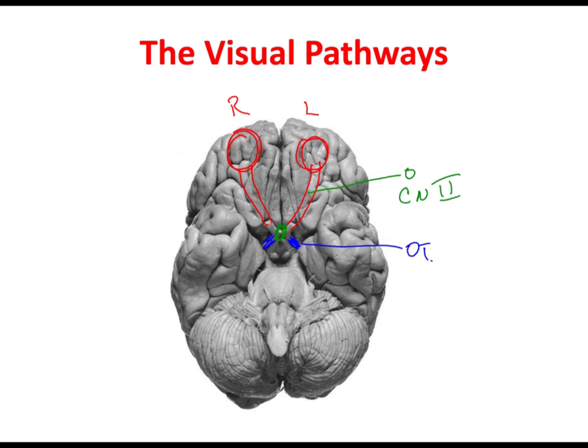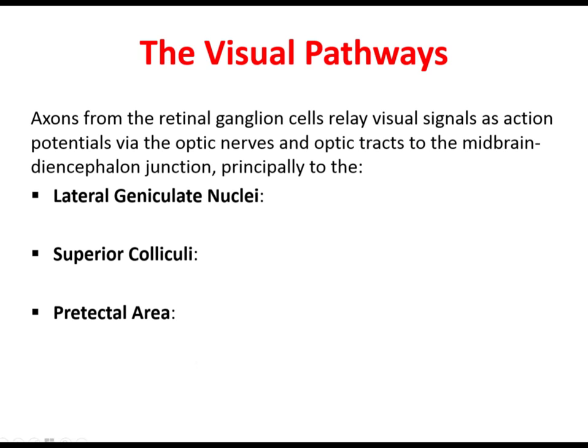Again, everything we've seen so far is in the periphery. Now, as we continue with the visual pathways, axons from the retinal ganglion cells relay visual signals as action potentials via the optic nerves and optic tracts, which is what we saw in the previous slide, to the midbrain diencephalon junction. And these axons basically go to one of three sites.